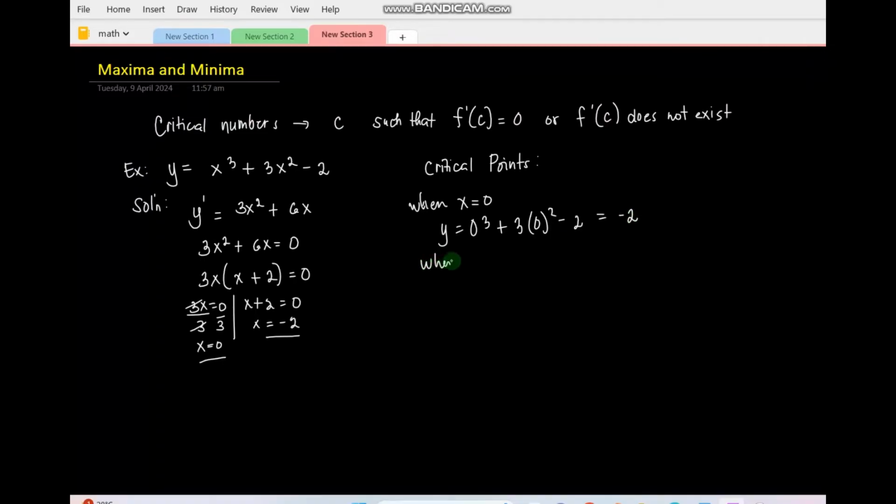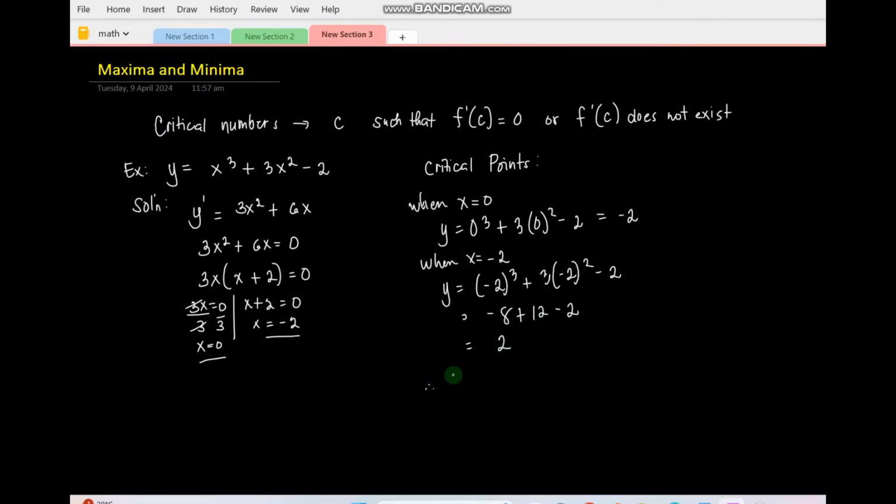Then, when x is equal to negative 2, our y is equal to negative 2 cubed plus 3 times negative 2 squared minus 2. That is negative 8. Negative 2 squared is 4 times 3, that is 12, and negative 8 plus 12 is 4, minus 2, that is 2.